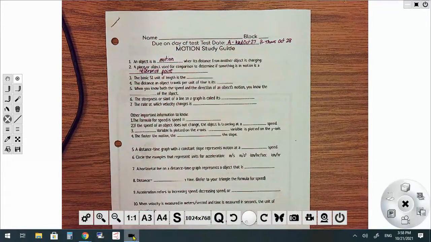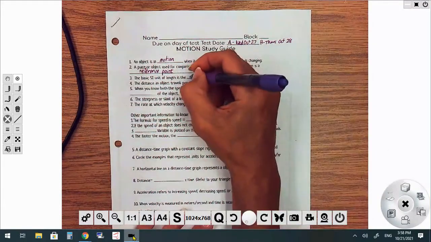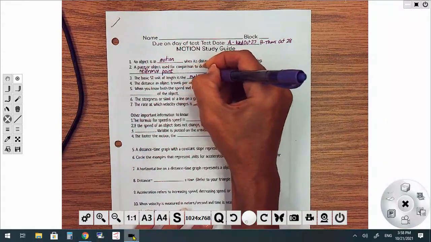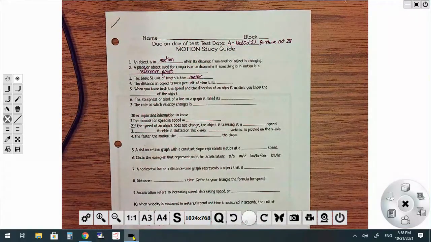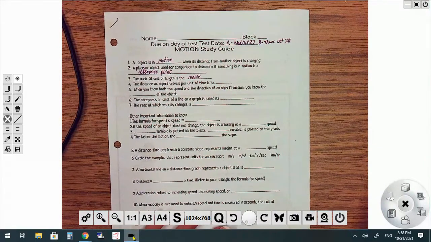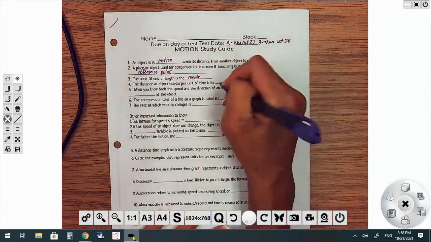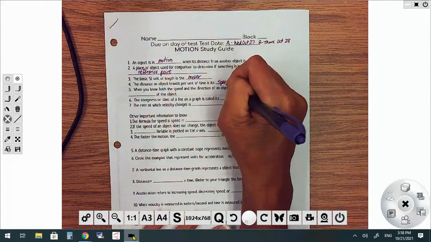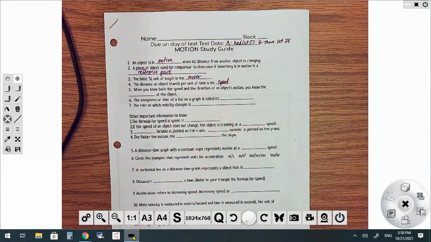The basic SI unit of length is the meter. Number 4, the distance an object travels per unit of time is its speed. When you know both the speed and the direction of an object's motion, you know the what of an object.